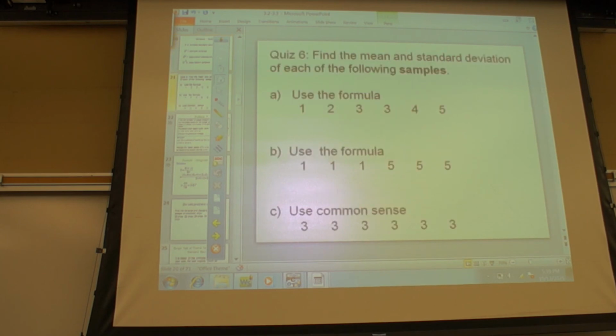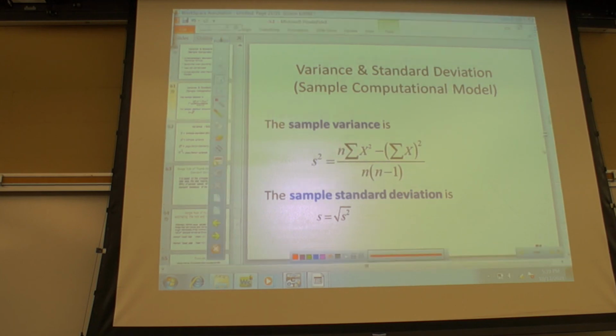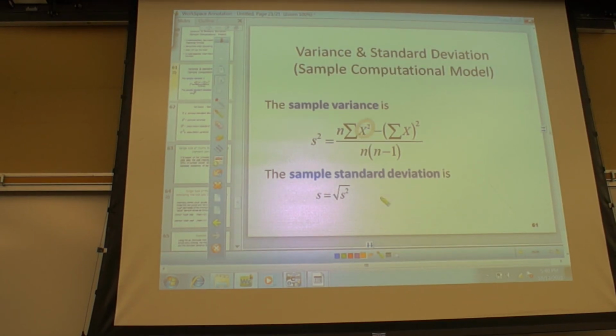And now the formula. Let me give you this one, the computational formula. Let me point out a couple things about it. First, you're going to square every x and then add them up.